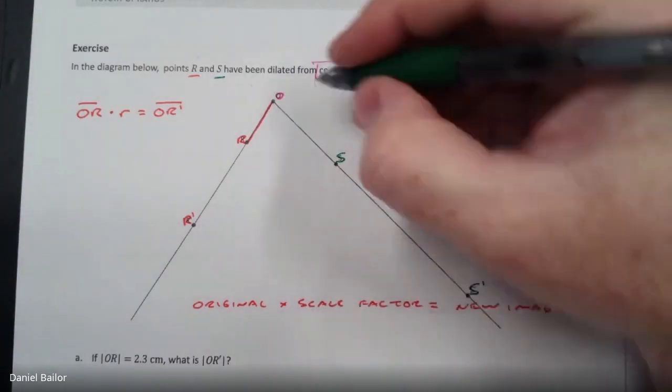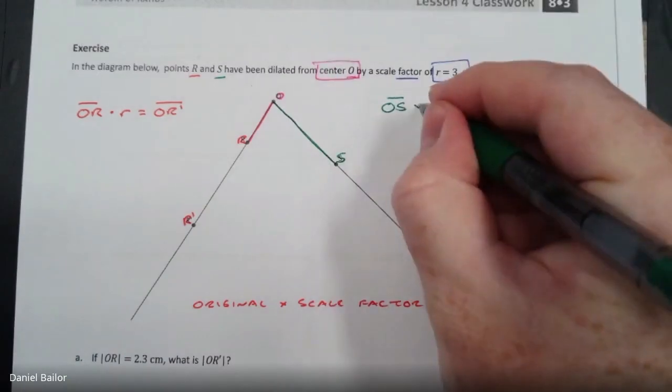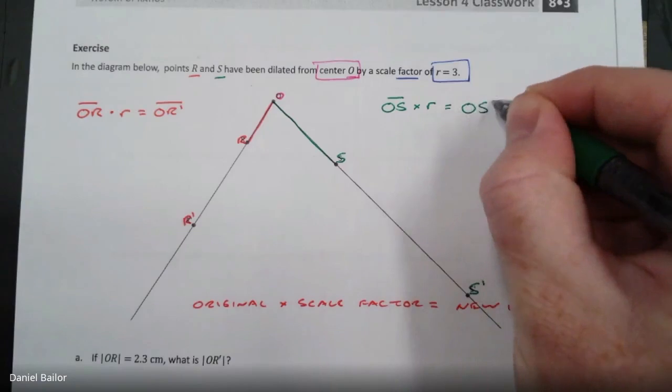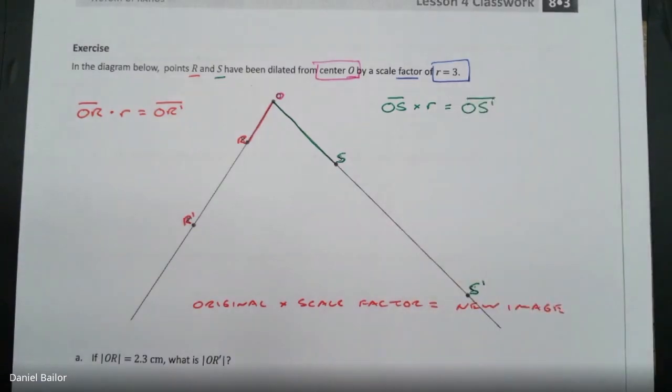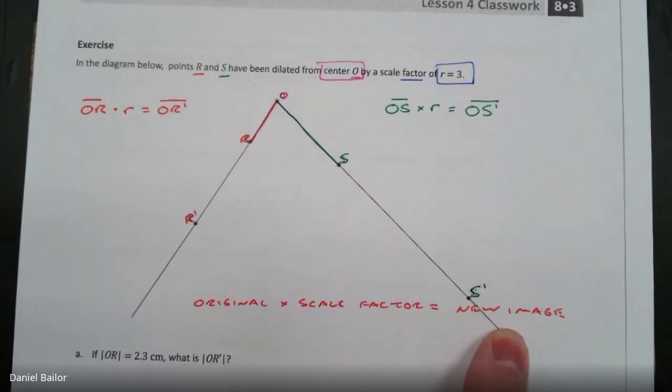OS, this segment right here, times the scale factor r equals OS prime. The scale factor changes everything. So this equation right here, the original times the scale factor equals the new image, equals the prime. Important to remember.